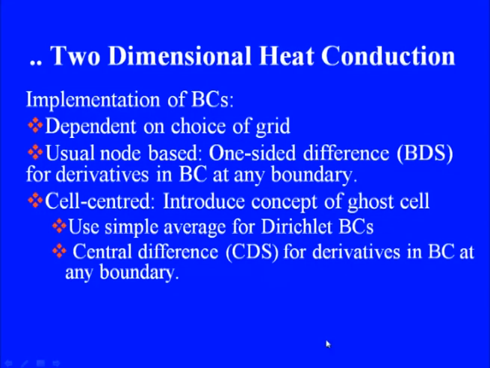Similarly, we can use the central difference scheme, which involves the value of the variable at the ghost cell. Use your boundary condition to obtain the expression for that variable at the ghost cell, substitute that in the discrete equation for the node adjacent to this derivative boundary, and we are done with introduction of boundary conditions.